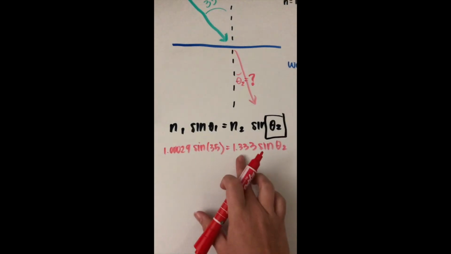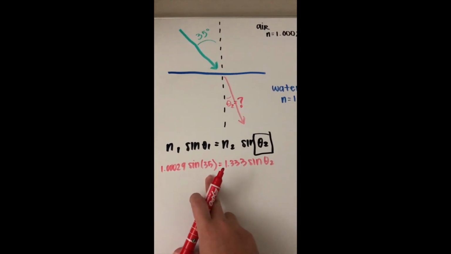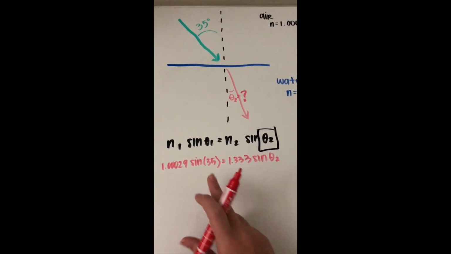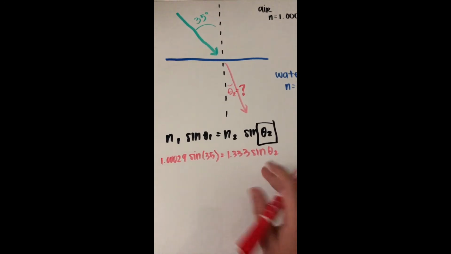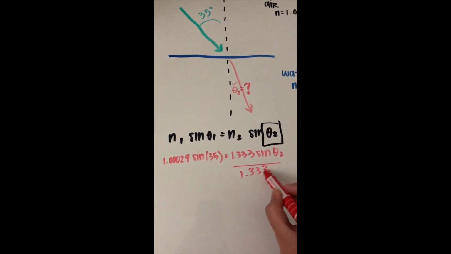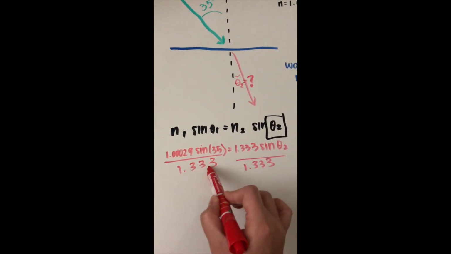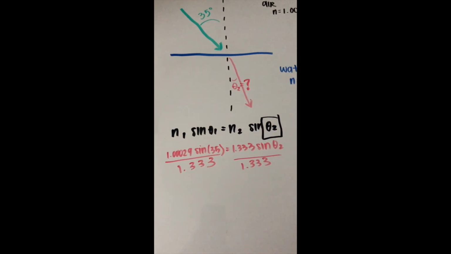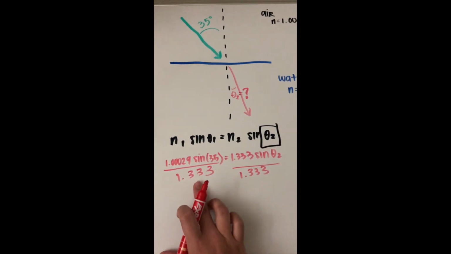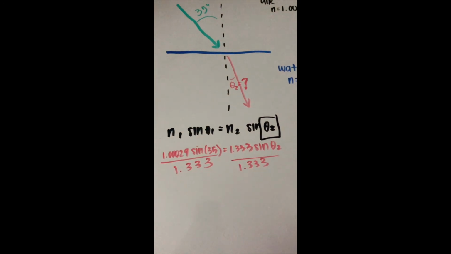So here I've just plugged in the numbers, both indexes of refraction and then the angle of incidence. And so to solve for theta 2, we can just divide by 1.333 on both sides. And then using a calculator, we can solve for this side, and then we'll have sine theta on this side.